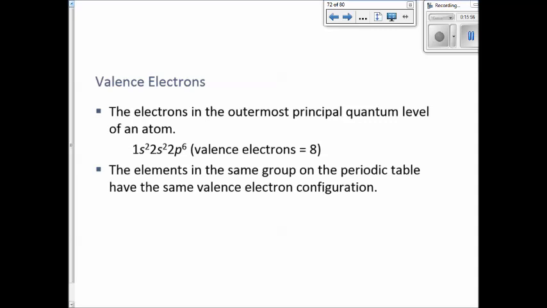How many does helium have? Remember, helium's an exception. Helium could be above beryllium right here because it only has 2 valence electrons. So watch that exception on helium. Don't forget that one.